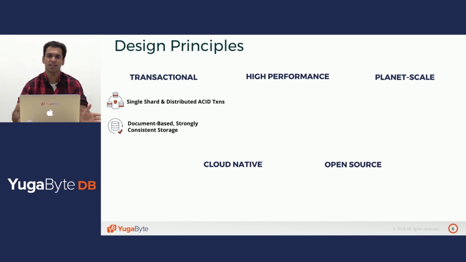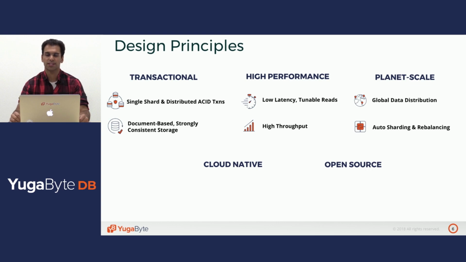It supports single shard and multi-row distributed ACID transactions. It has a document-based, strongly consistent core storage engine. It has high performance in the sense it offers low latency reads and can deal with high throughput reads and writes. It is planet scale, so it natively understands global data distribution and automatic sharding and rebalancing.